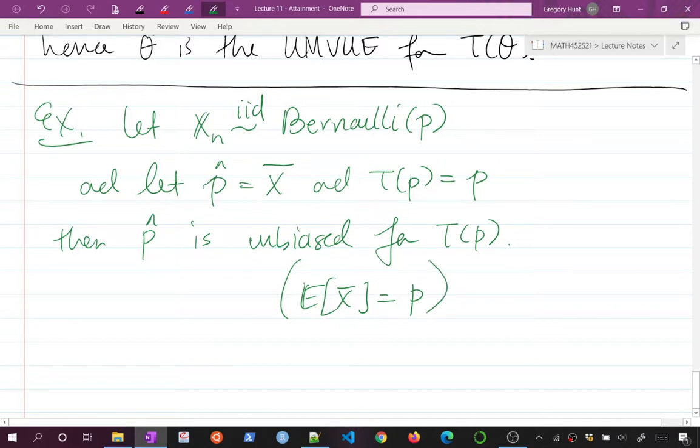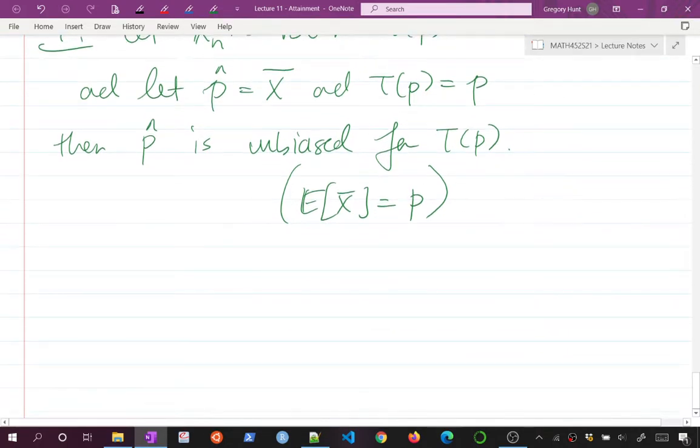Is this the UMVUE? I don't think we've done this one before. So let's do it. What do we need to do? We've got to form the score function, right? And so the score is a random variable, it depends on our data, but it's what? d theta of log f theta of x, right?